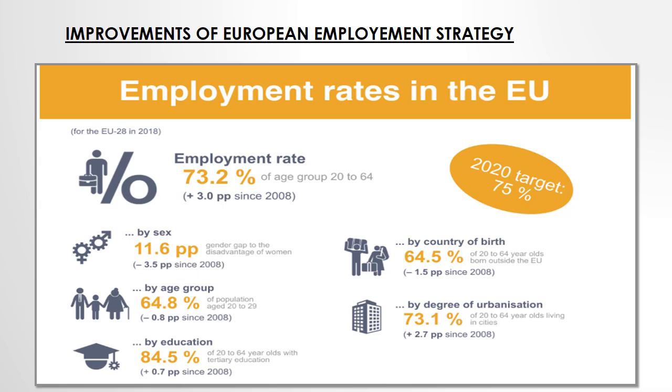To sum up, the European Employment Strategy reached until 2018, in general, 73.2% from its target for 2020, which is 75%, in which the employment rate by sex increased with 11.6%, but still we have a gender gap.